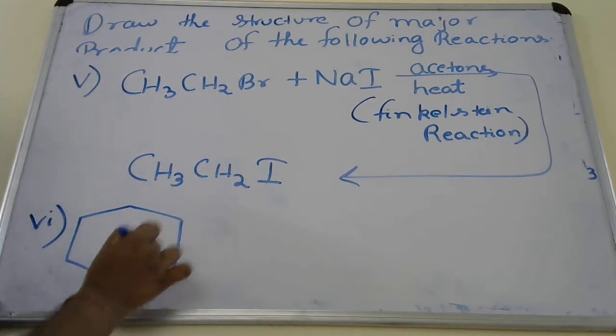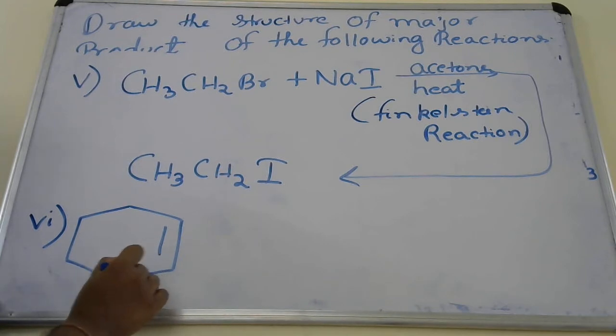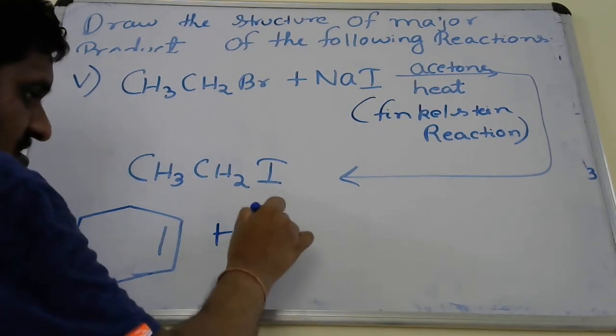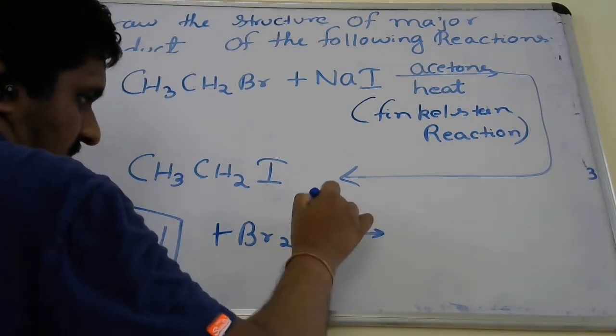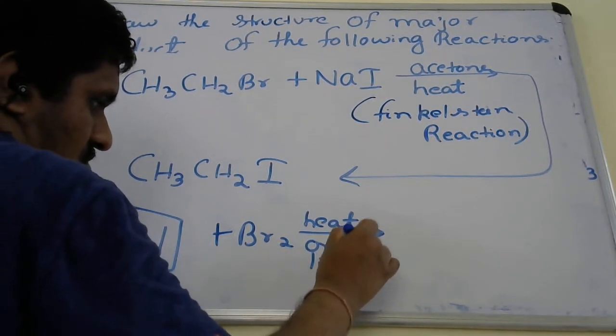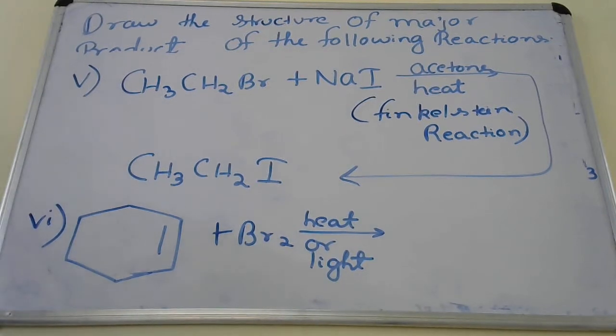Alright. Now let us go to the last bit number 6. Here you have a cyclohexene, not hexane. In a cyclic compound, a double bond is there, with the presence of bromine, heat or light. Remember, here bromine will attach at the allylic position. Which one is the allylic position?